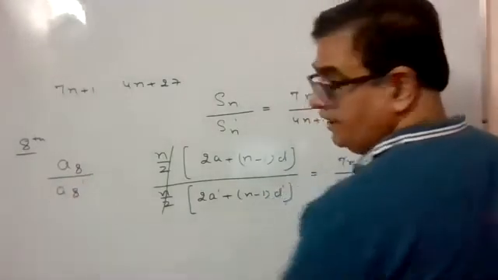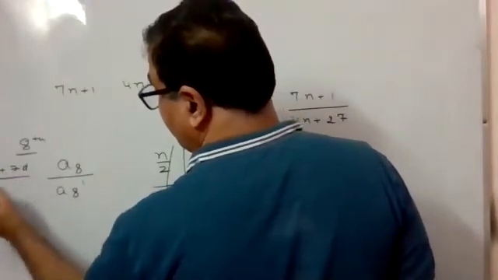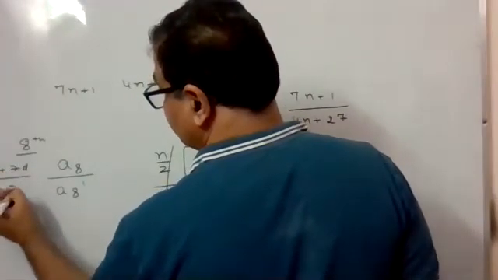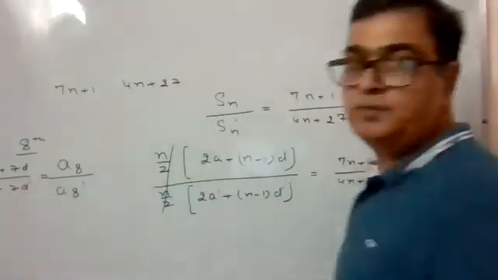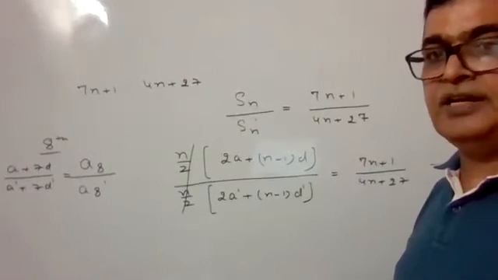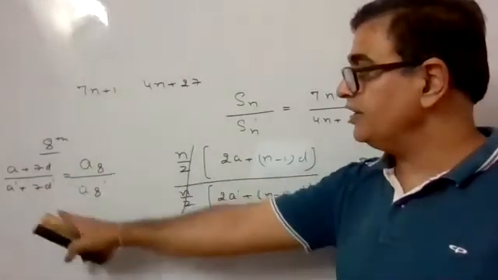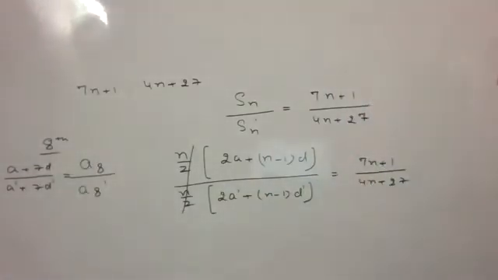Now I want the eighth term ratio, means I need a plus 7d by a dash plus 7d dash. ये चाहिए हमको? We want a plus 7d by a dash plus 7d dash. I want this ratio to be calculated. So what do I do in this case? First I want a.